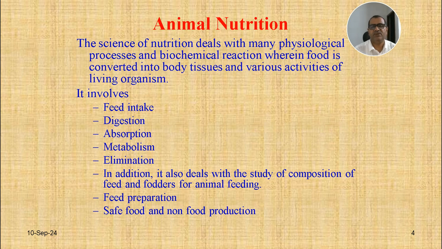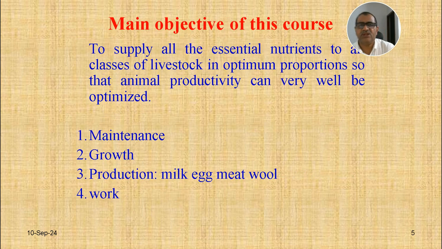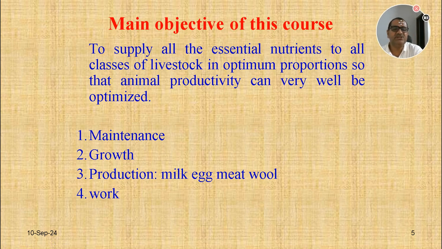Whereas the main objective of this animal nutrition course or syllabus is to supply all essential nutrients to all the classes of livestock in optimum proportions so that animal productivity can very well be optimized.